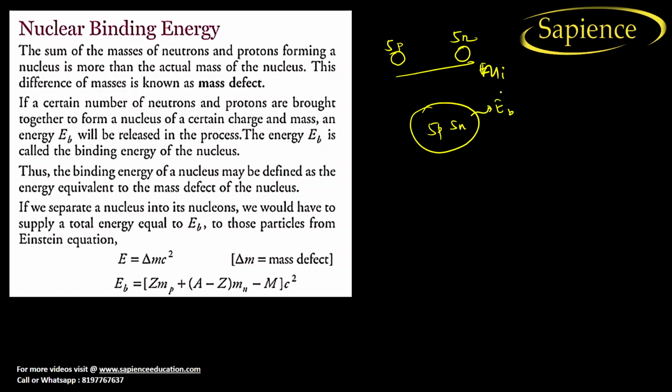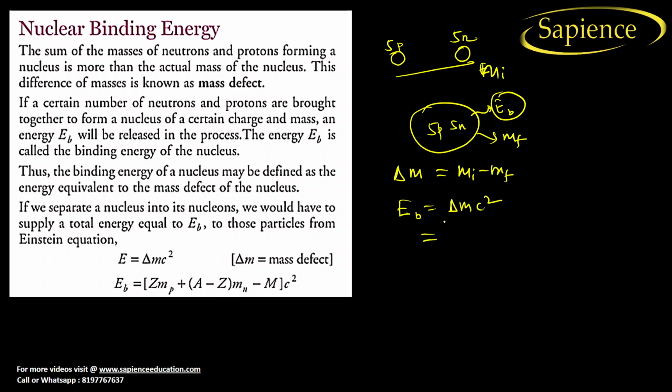This energy is called the binding energy. Now the nucleus has some mass, that is the final mass. Now the mass defect, that is Δm, will be equal to m initial minus m final.